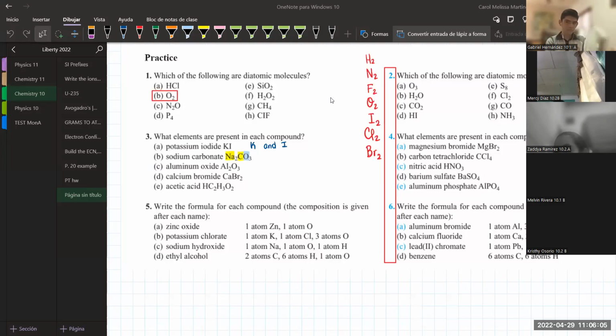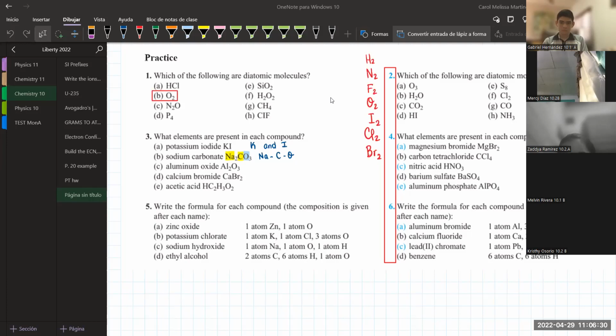Sodium, carbon, and oxygen. You can write the full name. The third one says aluminum oxide. How many elements are here? And what elements are those? They are 2 elements.